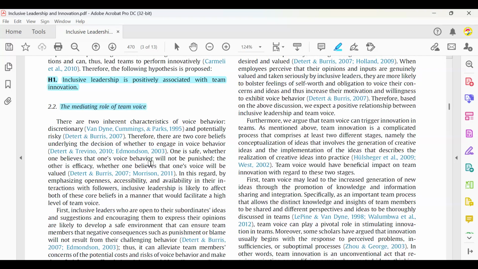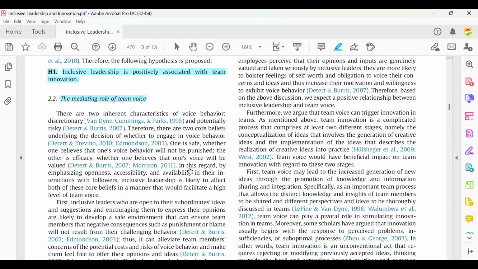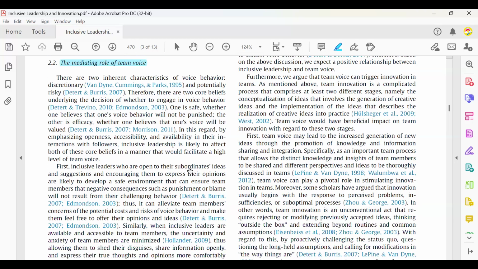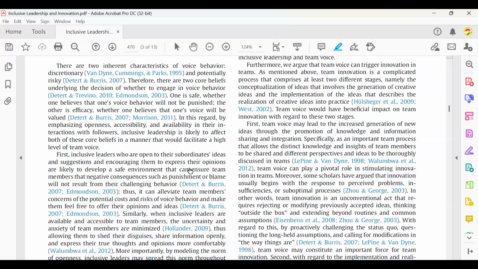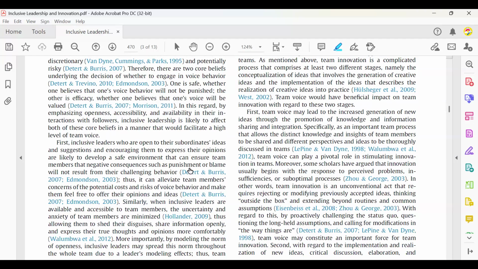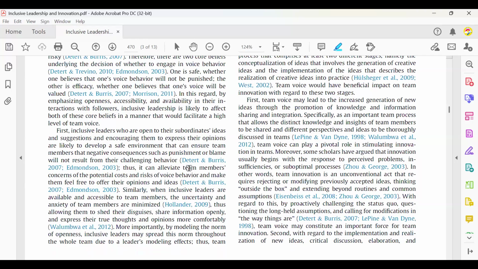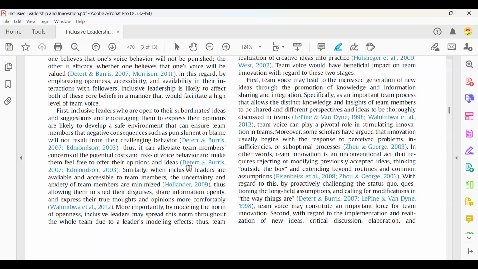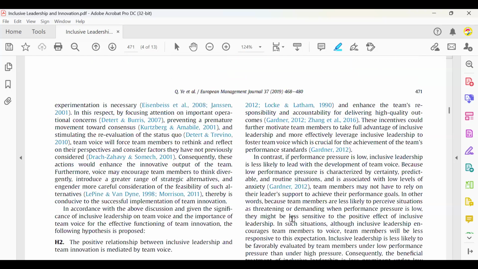In this section, they talk about voice behavior and how voice can trigger innovation, and how other studies have looked at how inclusive leadership can result in increased employee voice.